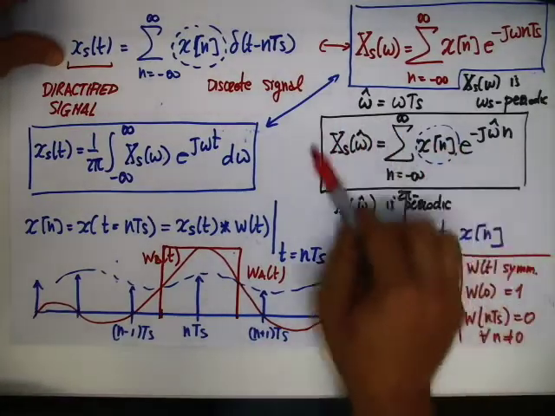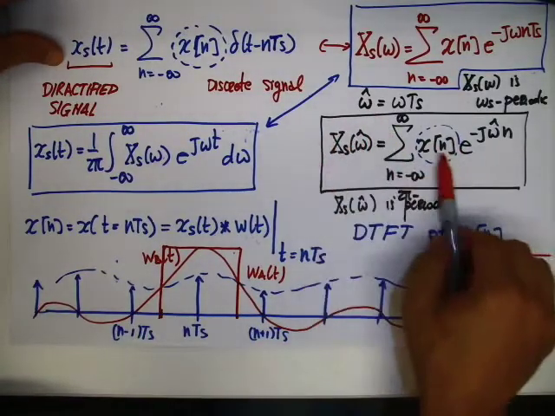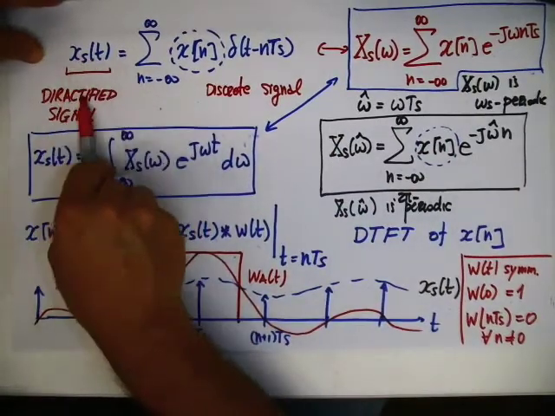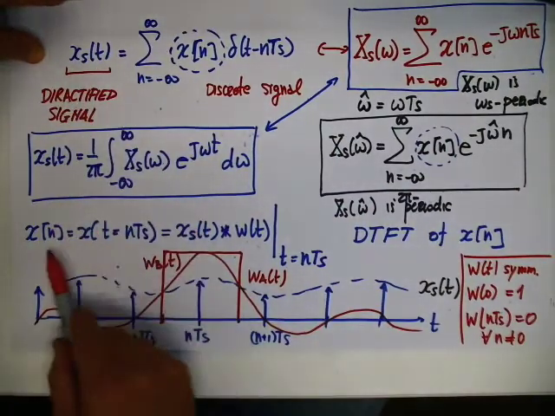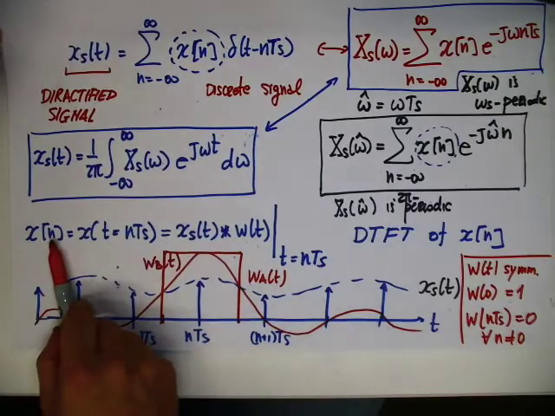And then it's pretty straightforward, given the discrete time Fourier transform of the signal, which is basically the Fourier transform of the Diractified signal, to recover the original discrete signal.